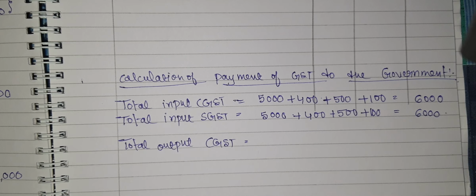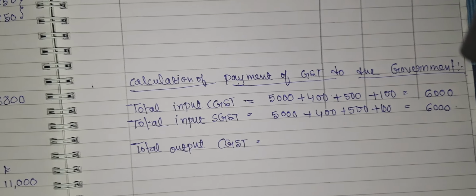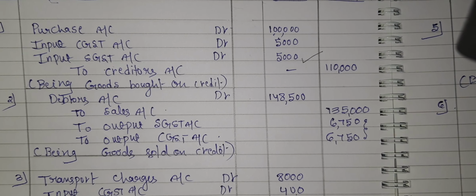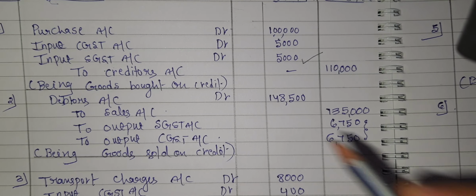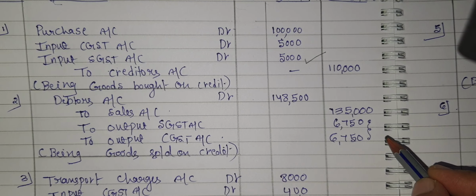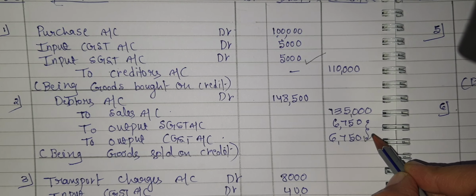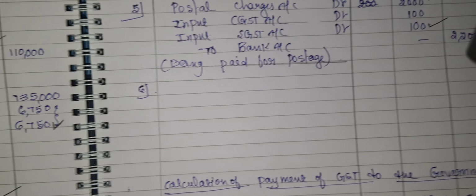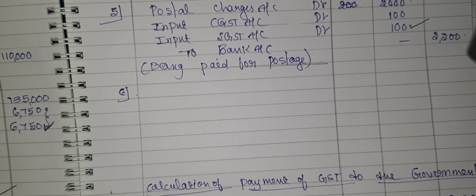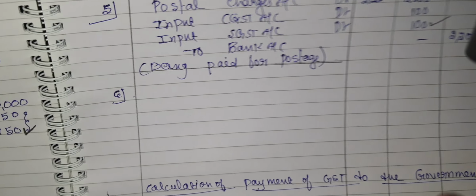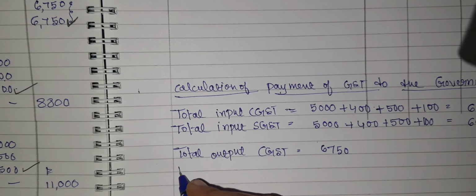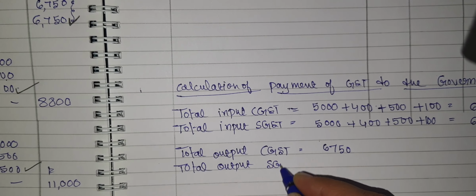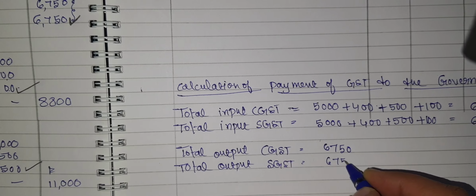Total output CGST is rupees 6,750, and total output SGST is also rupees 6,750.